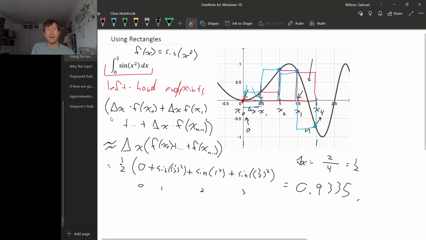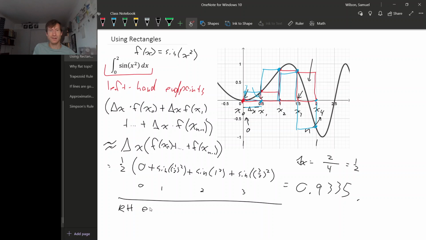Okay. Now we can work out a similar expression for right-hand endpoints. Again, the width of each rectangle is delta x. The only difference this time is which x values we're using.